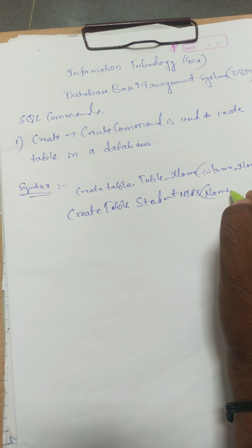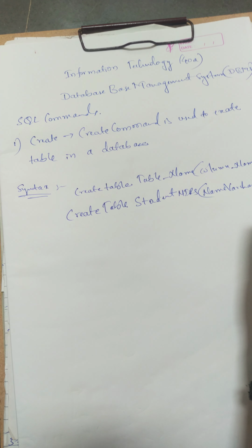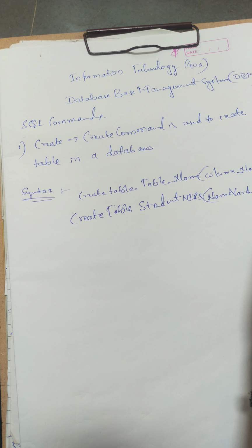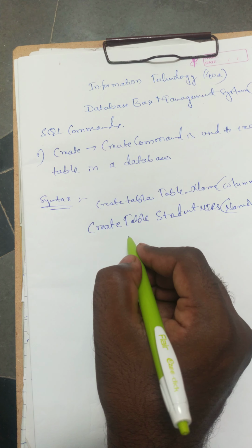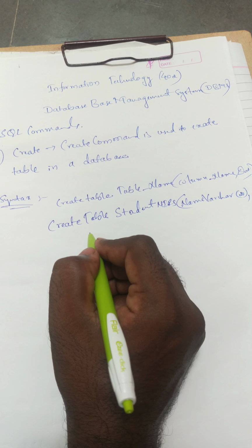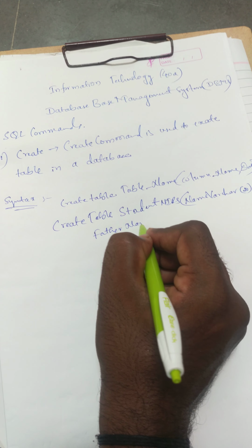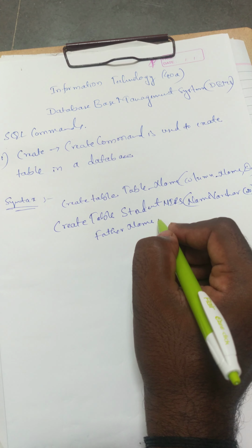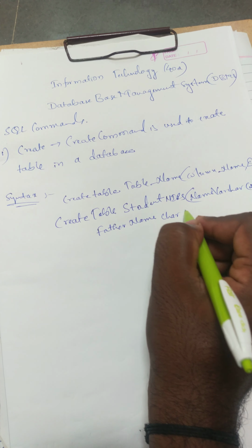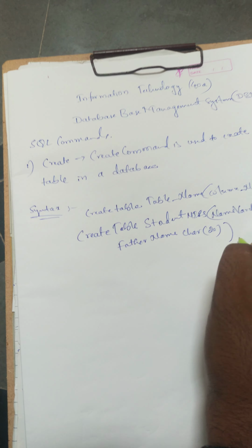I will give the student name, varchar 20, right? Next comma, here I will take the father name, and char 20, right?